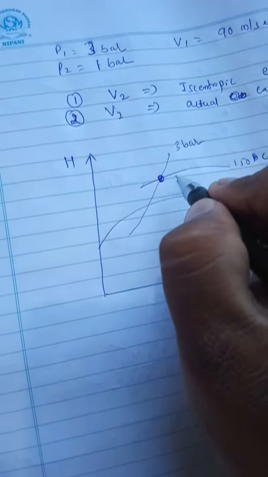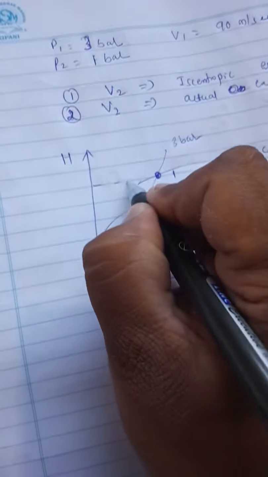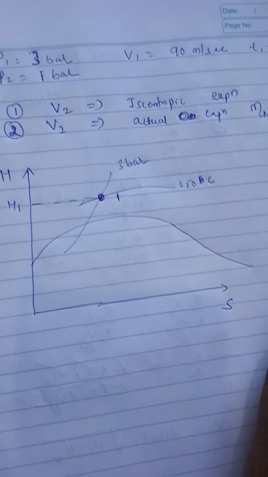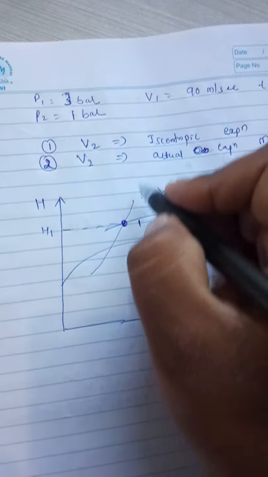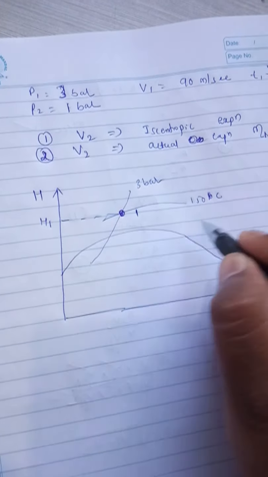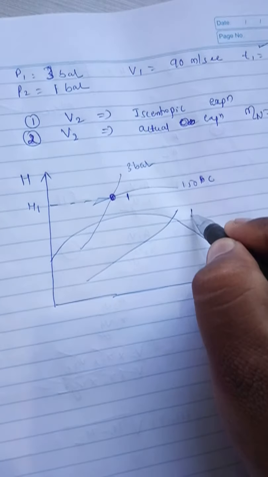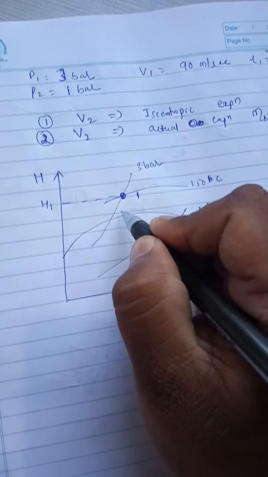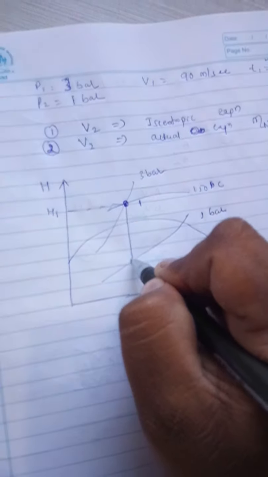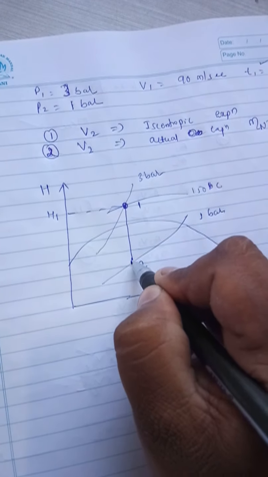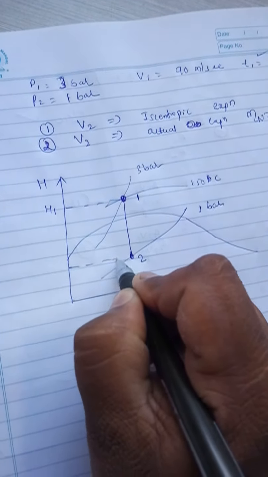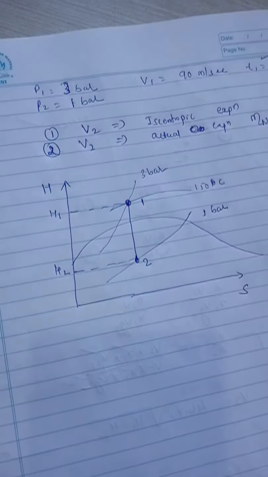So this is point 1. We'll get the value at this as H1. Don't calculate anything like v1 or x1, nothing is required here. Second, it is expanded to 1 bar. Somewhere here 1 bar. Just expand this to 1 bar. It will become point 2 and here you take this as H2.